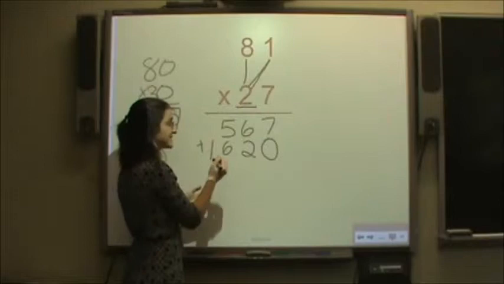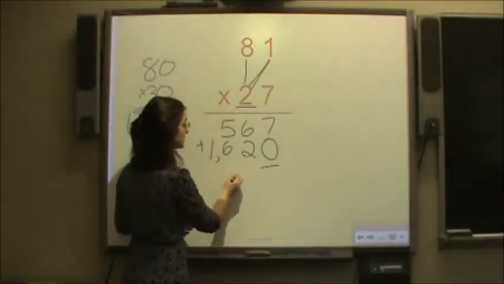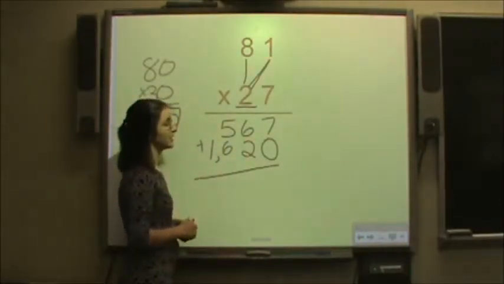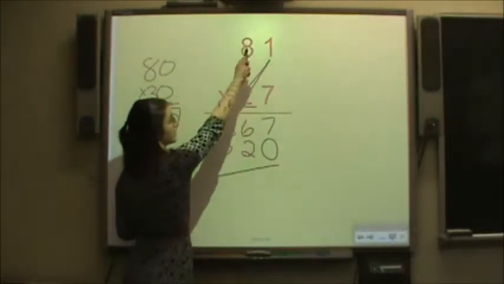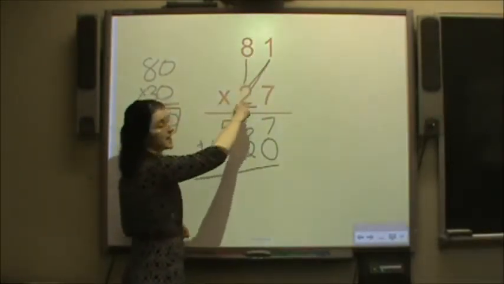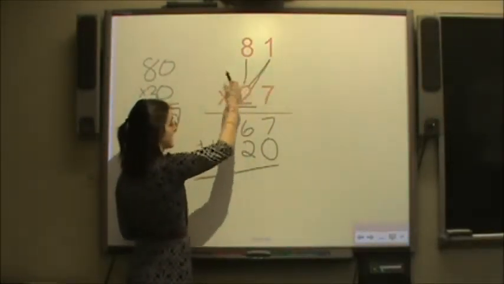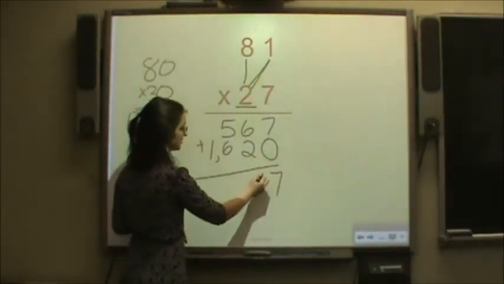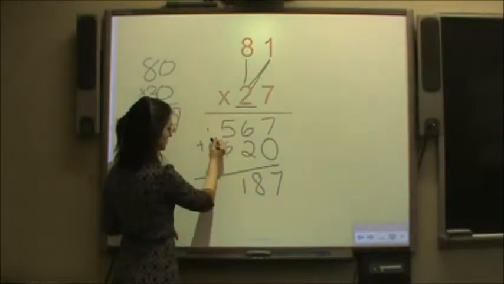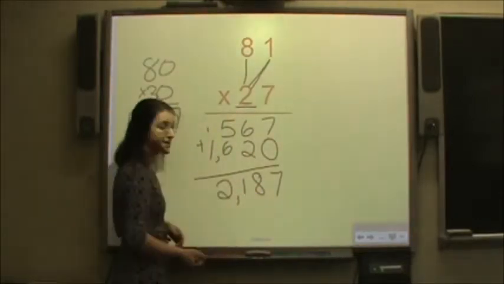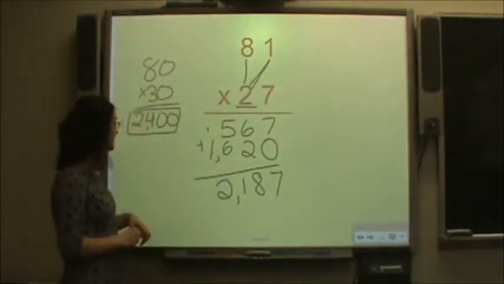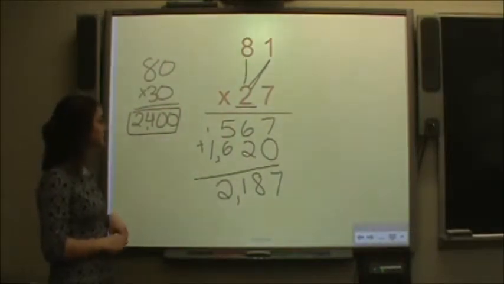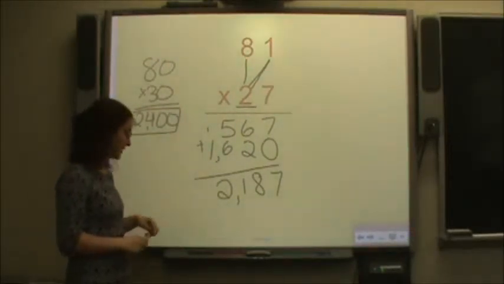Now, this is a little bit like partial products because we have two parts of the product. We have the part where we multiply the ones place by the ones in the tens, and then the tens place by the ones in the tens. So now we have to add together those two partial products. And my answer is 2,187. That's really close to 2,400, so I'm pretty confident in my answer.